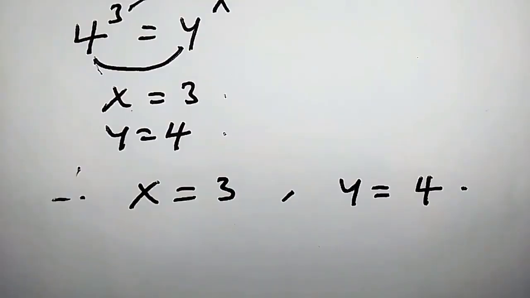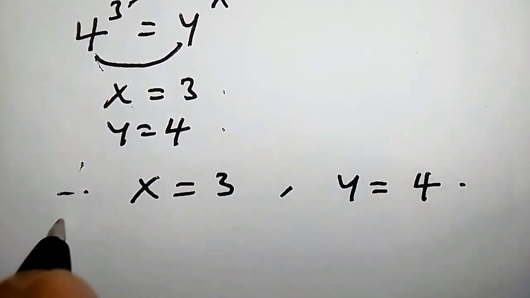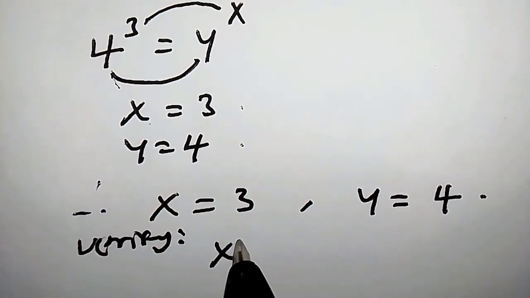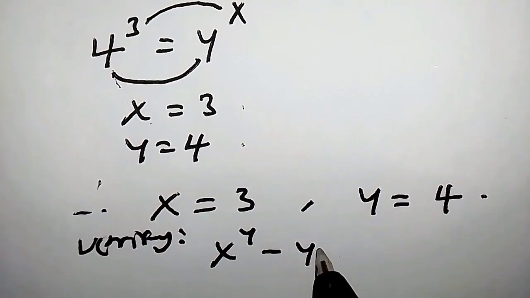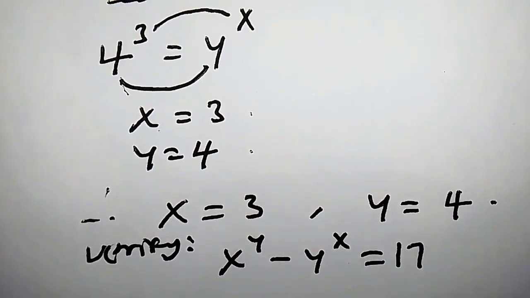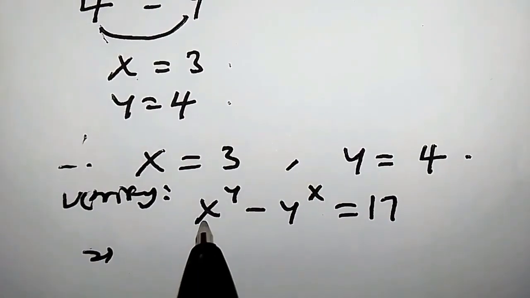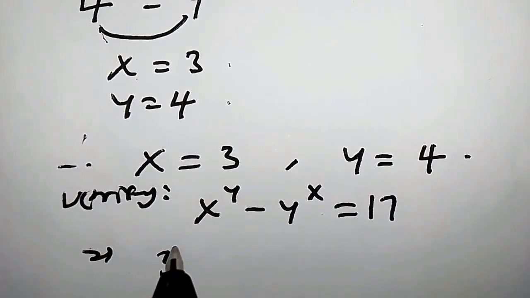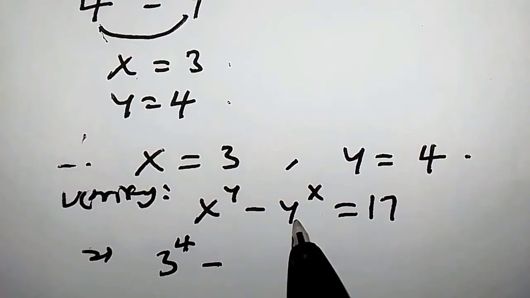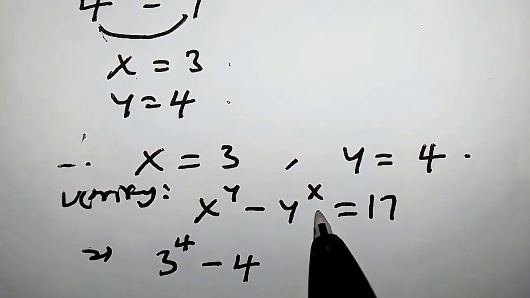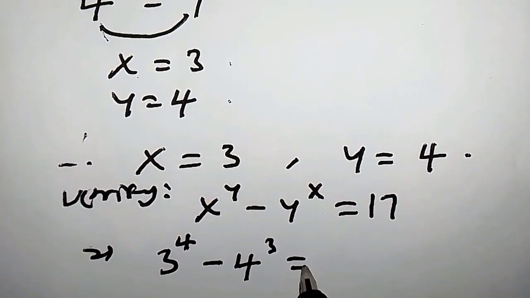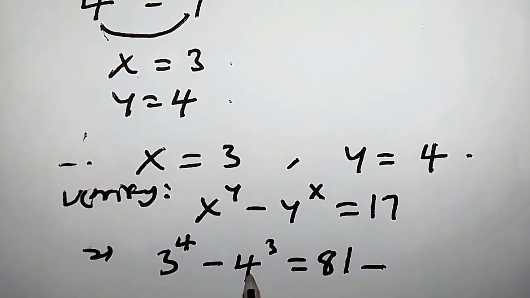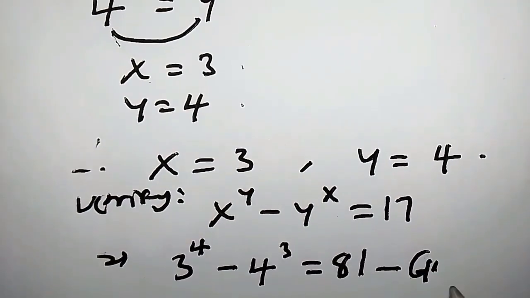At this stage, it is good to verify our solution. Verify. The original question says x raised to y minus y raised to x is equal to 17. So, what is x? X is 3. What is y? Y is 4. We have 3 raised to 4, which is 81, minus 4 raised to 3, which is 64.